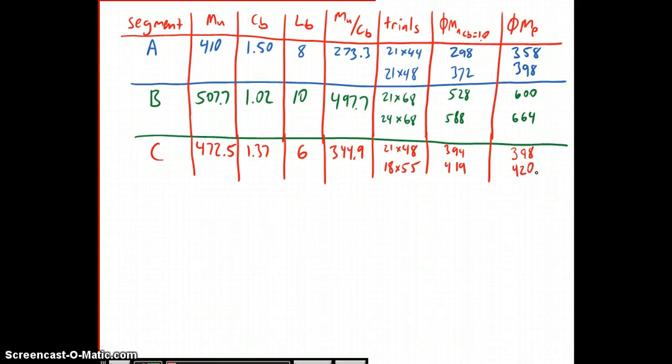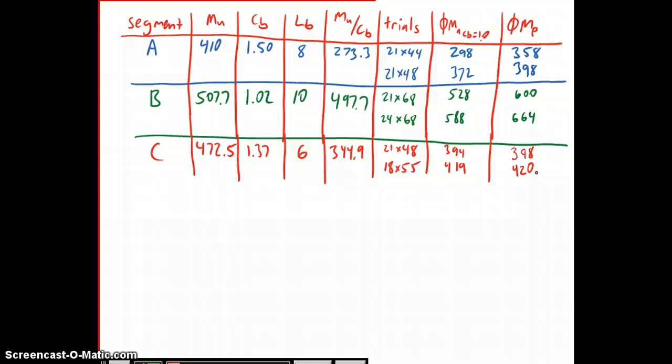Now, probably a while ago, you may have caught on to the fact that we probably did more work than we had to get this chart. Just by looking at M sub U, C sub B, and L sub B, we can oftentimes find out which segment will govern. So we're looking for the ones with the longest unbraced length, the smallest C sub B's, and the highest M sub U's.